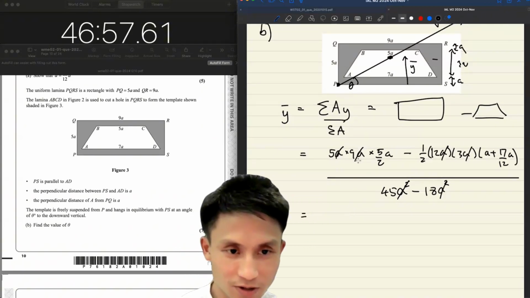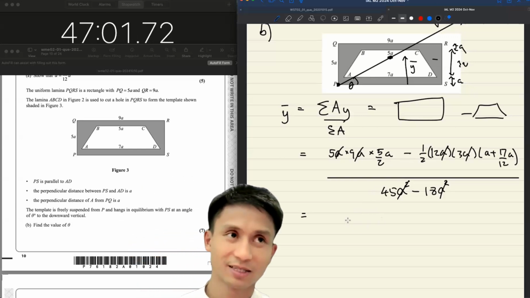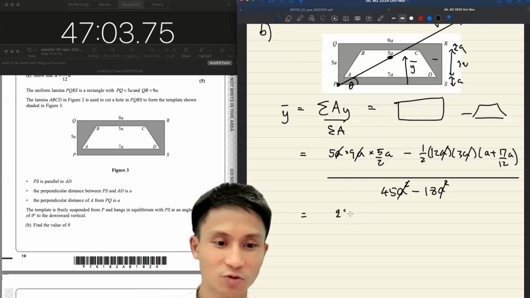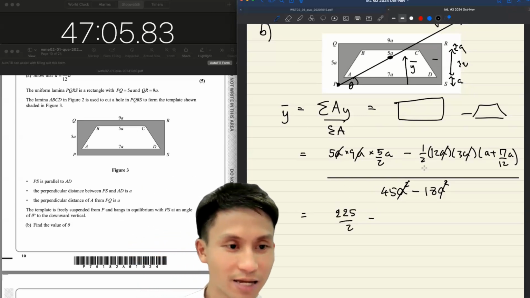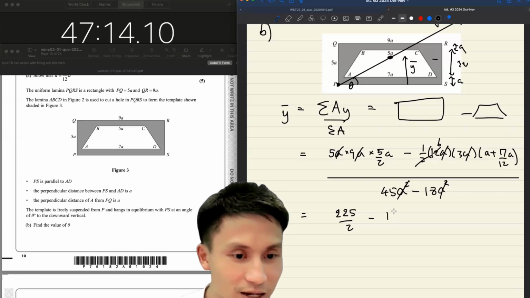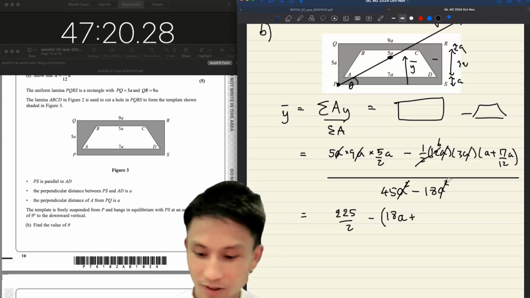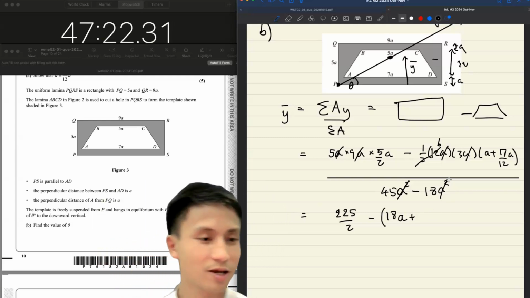So on the left part on the top, I get, what is that? 25 times 9, that's 225 over 2, minus, this is again cut, I get 6. This is 18, so 18 expanding into the brackets, I get 18 a plus, okay, calculator, or hang on.